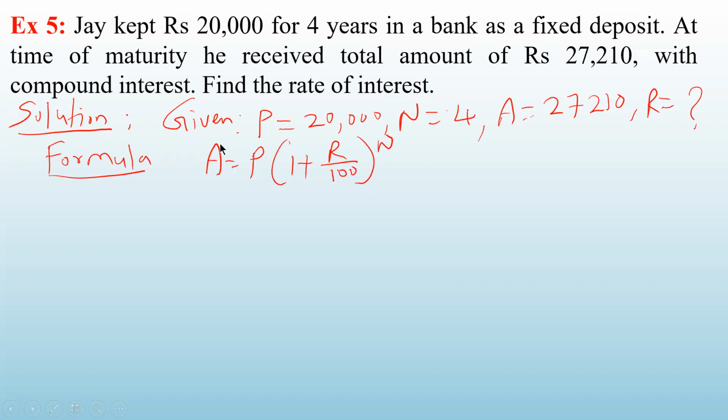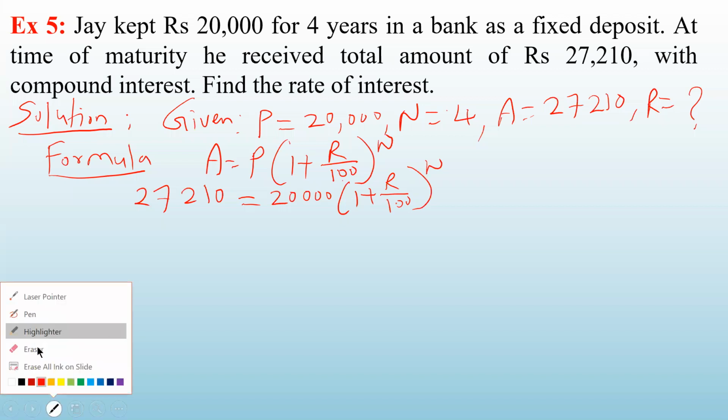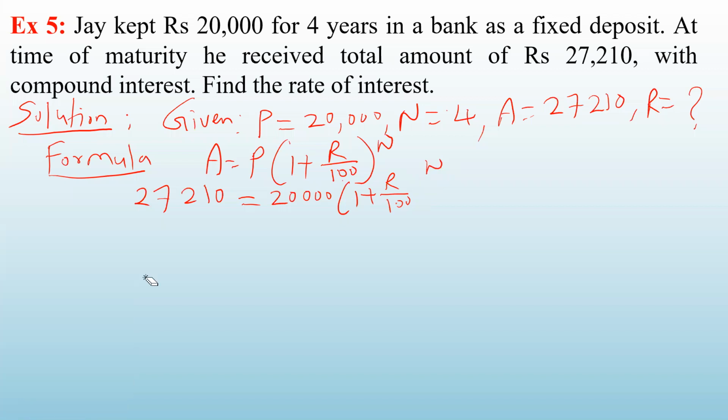The value of A is given as 27,210, equal to the value of P, which is 20,000, into 1 plus R upon 100, raised to power N. R you have to find out, so put R as it is. And in place of N, we will put 4.